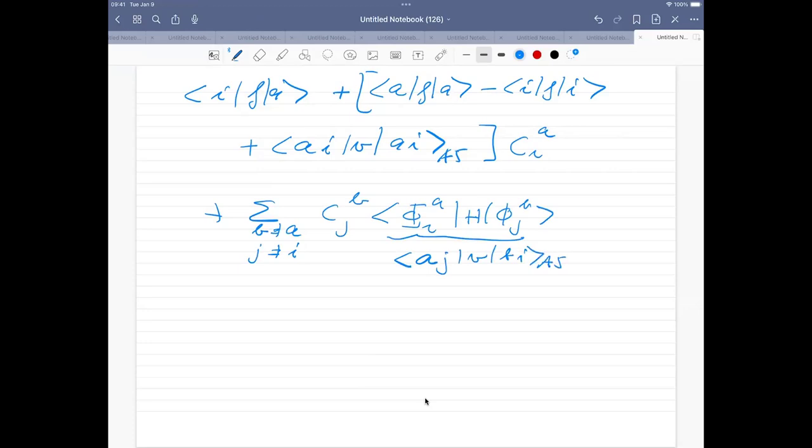So this is the next term. And then we have the other terms. And this is equal because now I switch E0 to CI of A here.